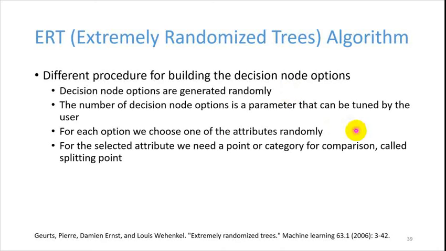And for every option, we need to choose one of the available attributes, and for every attribute, we need a splitting point, and that splitting point is also chosen randomly.